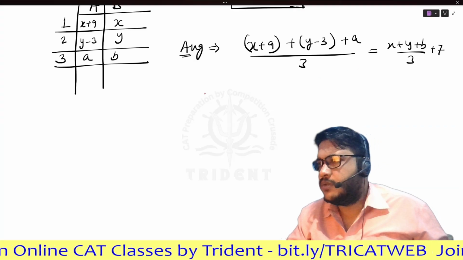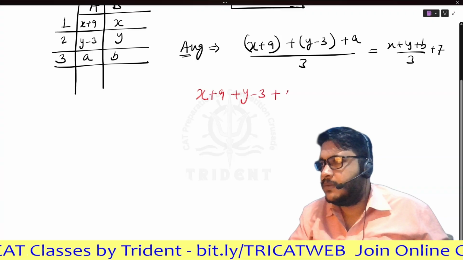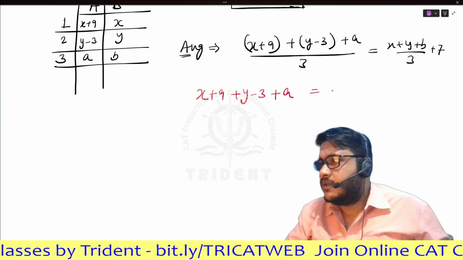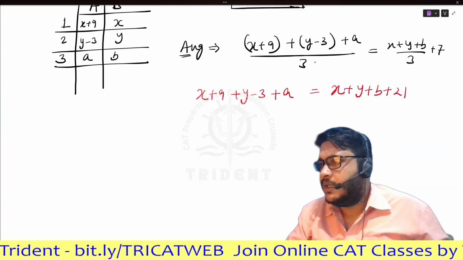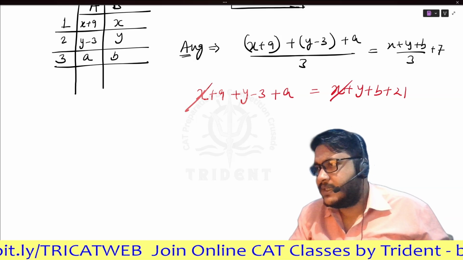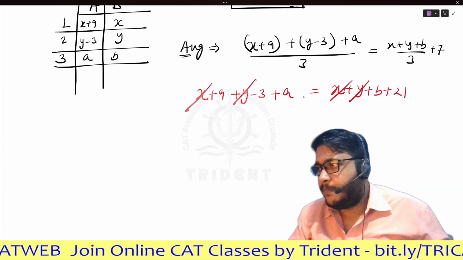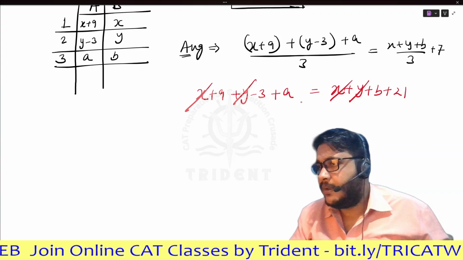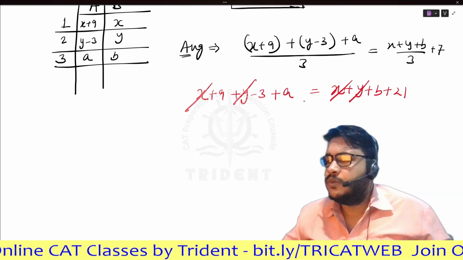Now let us do this. This is going to be X plus 9 plus Y minus 3 plus A is equal to X plus Y plus B plus 21, and I can then get rid of the 3 in the denominator. So I can see X and X cancel, Y and Y cancel. What is it that they're asking?